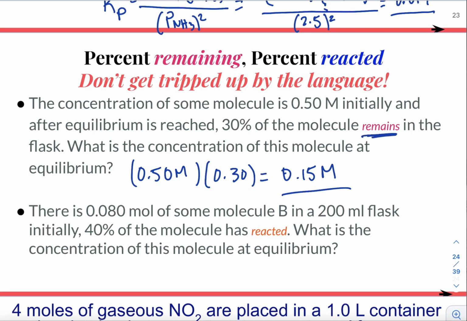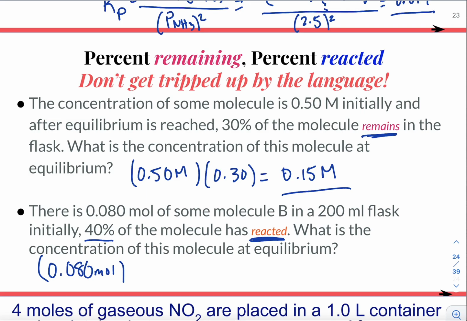However, they also might write it like this. There is 0.08 moles of some molecule in a 200 milliliter flask. 40% of the molecule has reacted. What is the concentration at equilibrium? In this case, you're going to take the moles, and you're not going to multiply it by 40% because that's how much reacted.